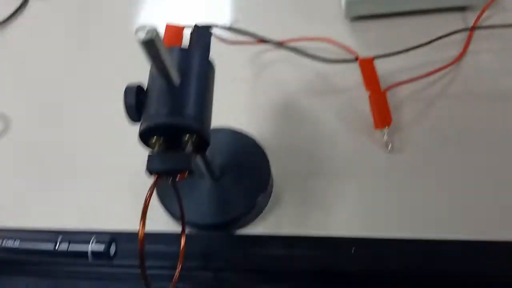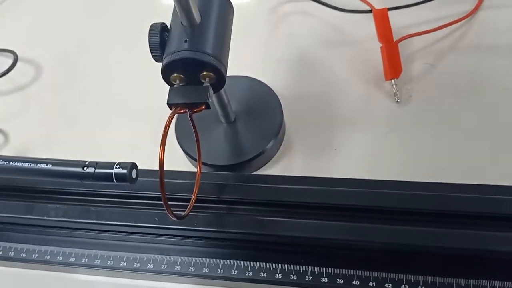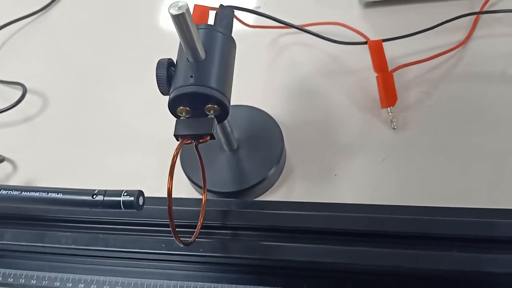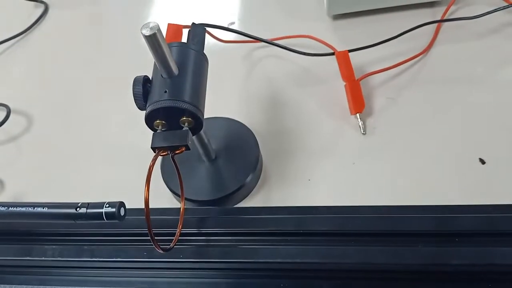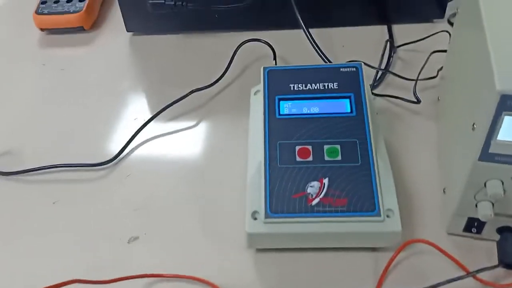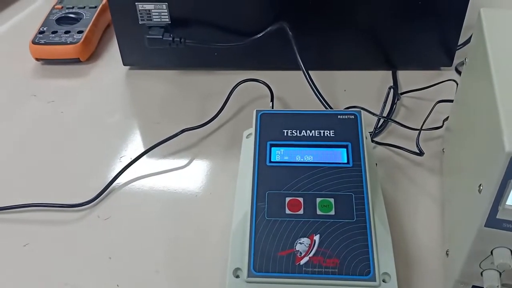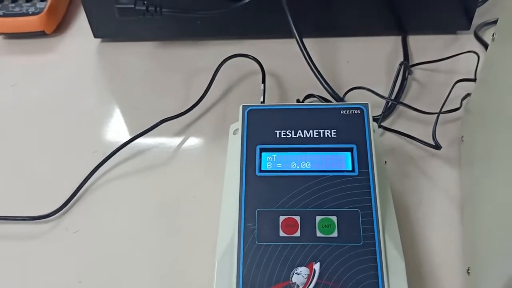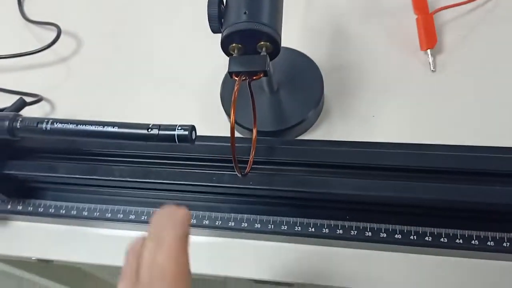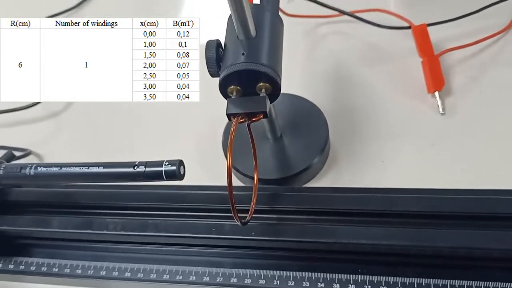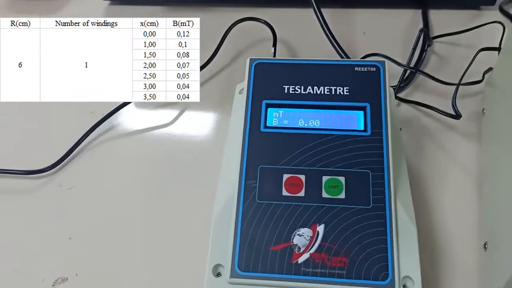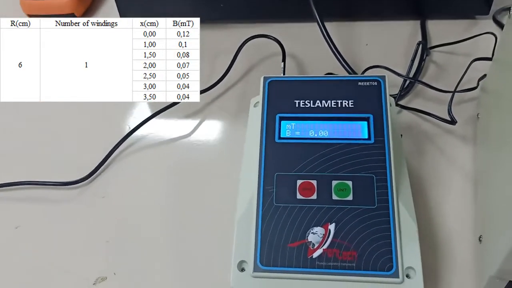When it is 3.5 centimeters, it is 0.04. When it is 4 centimeters and far away from the center of the wire, the Tesla meter will measure it as 0.